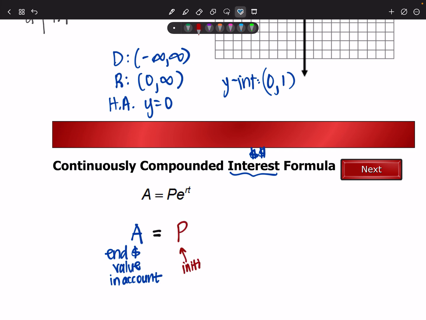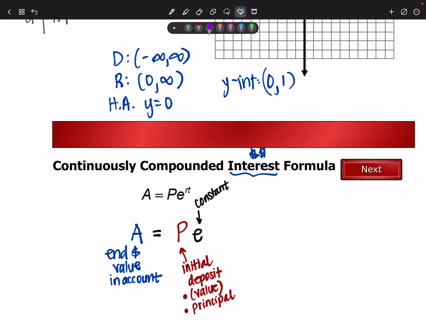deposit. We also call that the initial value. We also call that our principal. So we can call it value, we can call it principal. If you think of it as the initial deposit, that works too. And then E is a constant. So it never changes.